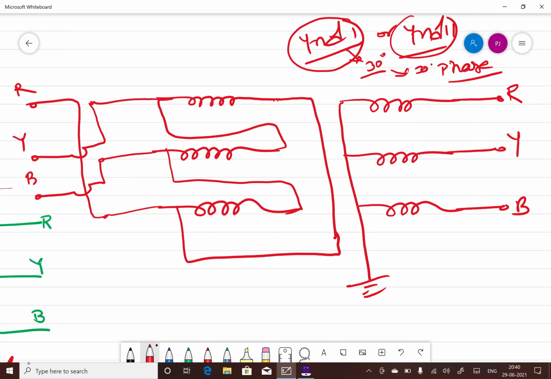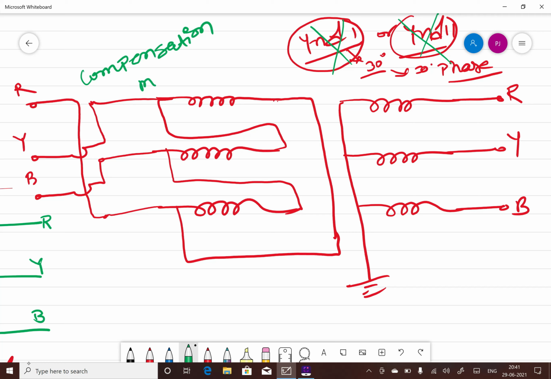But now because of this connection change outside, because of some manual error or connection error, these phases have interchanged. So now what is this connection? Instead of YND1 or YND11, this must be something different now, and you have to determine the actual connection and select the compensation matrix, which I keep on saying.